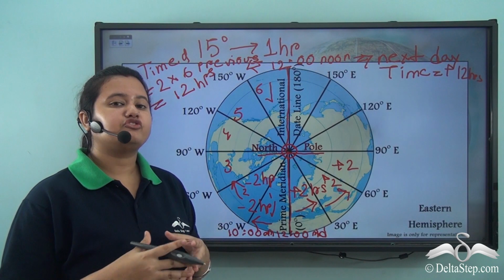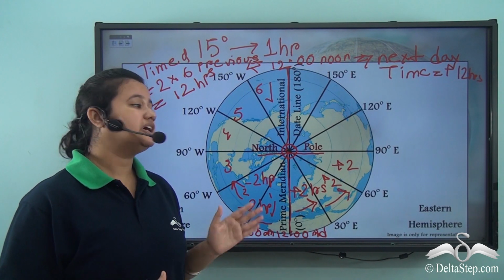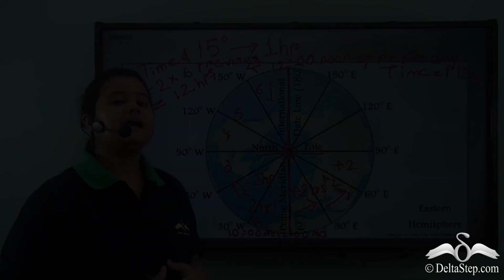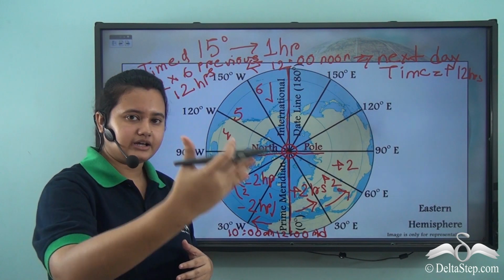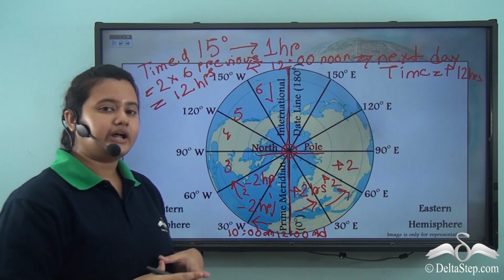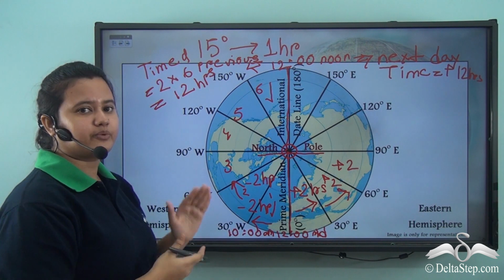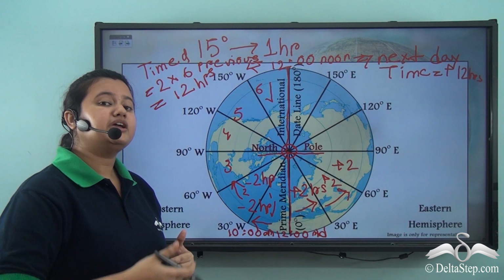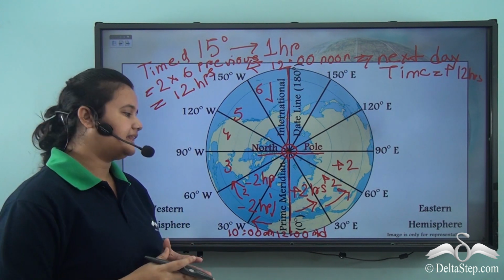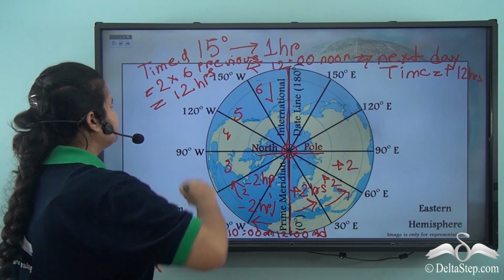In other words, if we move 180 degrees to the east of the prime meridian, then the time will be 12 hours ahead, while if we move 180 degrees to the west of the prime meridian, then the time will be 12 hours behind that of the prime meridian.